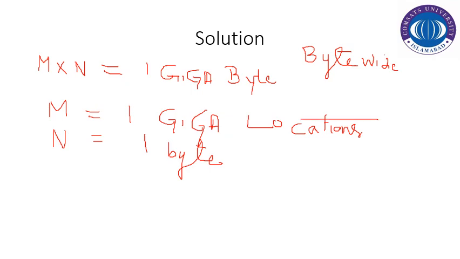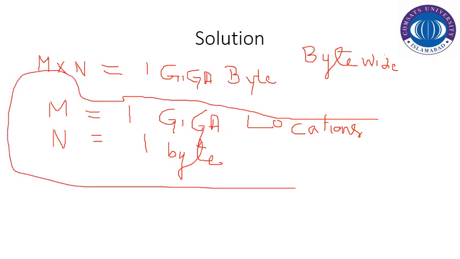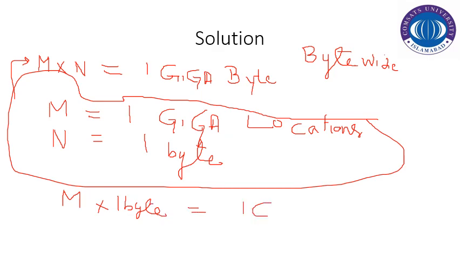So if you place these values into this representation, we can say that M into 1 byte equals 1 giga location multiplied by 1 byte.